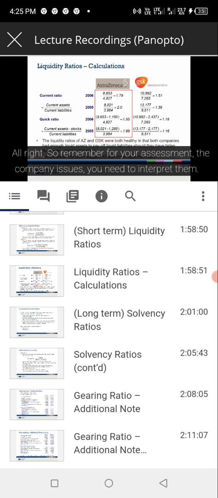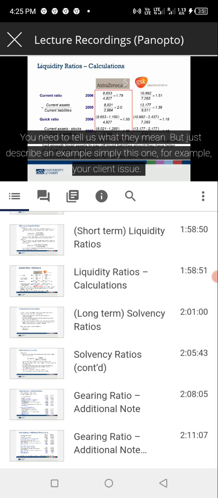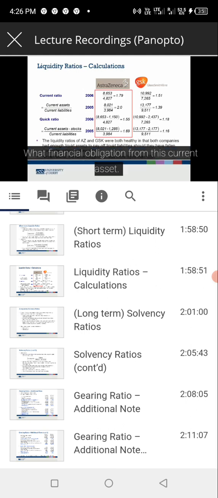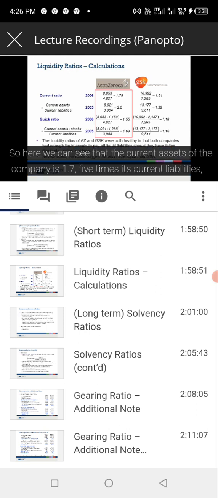All right? So remember, for your assessment, the calculated ratios, you need to interpret them. You need to tell us what they mean. Don't just describe them. For example, your current ratio, remember we said, simply measures the company's ability to meet its short-term financial obligation from its current assets. So here, we can say that the current assets of the company are 1.75 times its current liabilities, which shows that the company has enough current assets to meet its current liabilities.